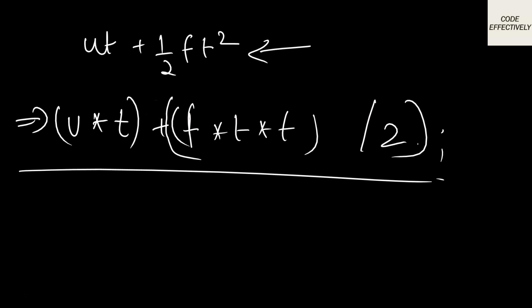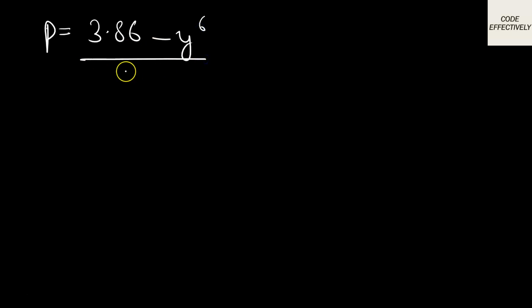Next is another easy one. It's p equals 3.86 minus y raised to the power 6 upon 5y.